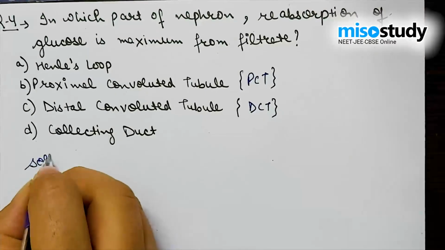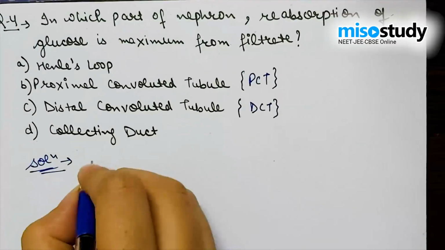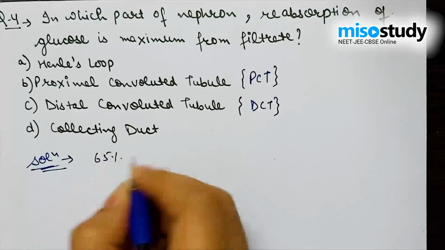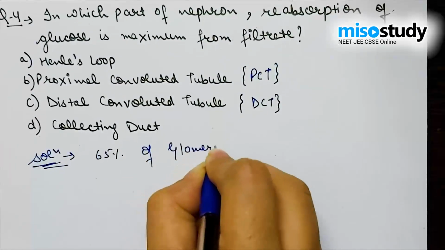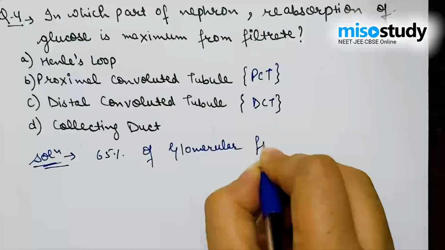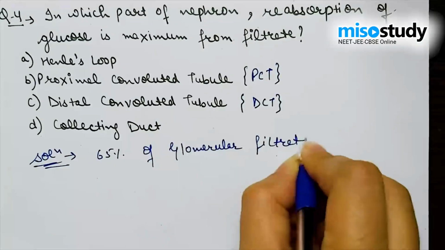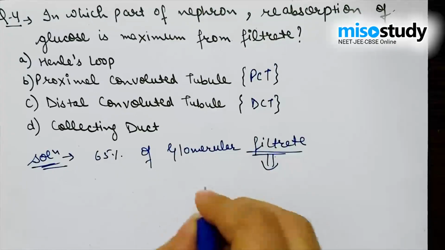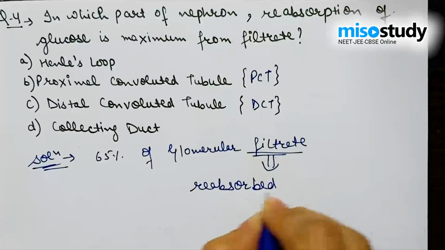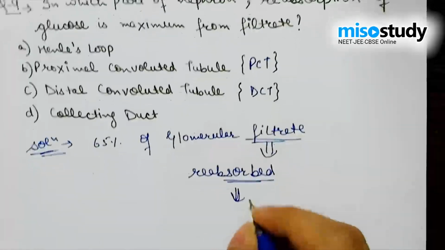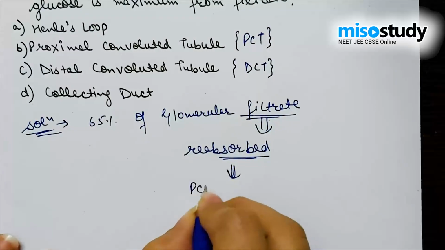When we discuss the question, we know that 65% of glomerular filtrate is normally reabsorbed in the PCT.